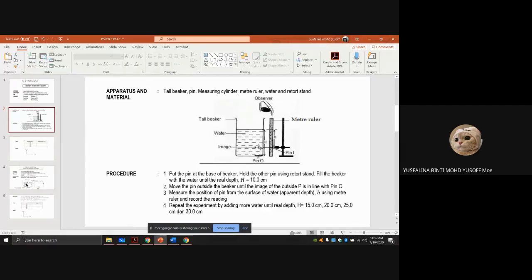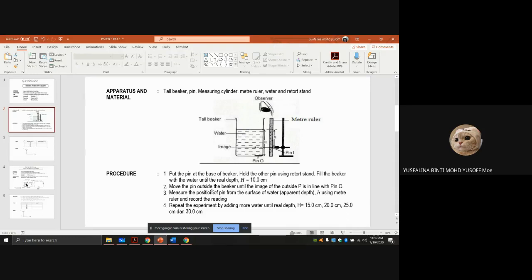And when you see the pin in the same line as the object pin here, you measure the value of the apparent depth from the surface of the water.